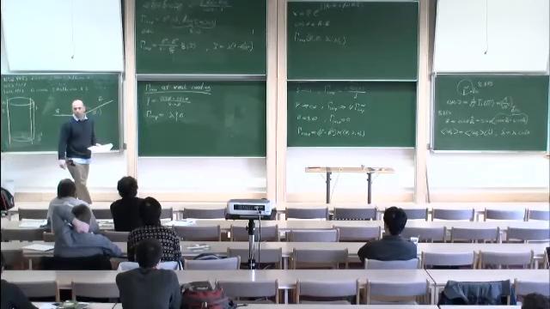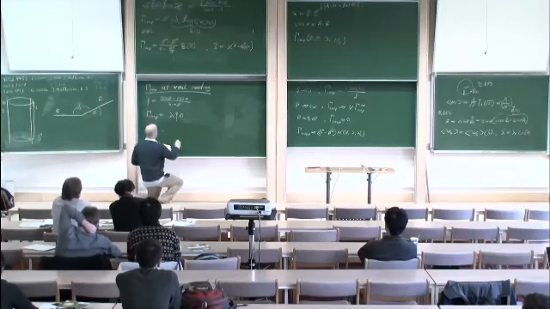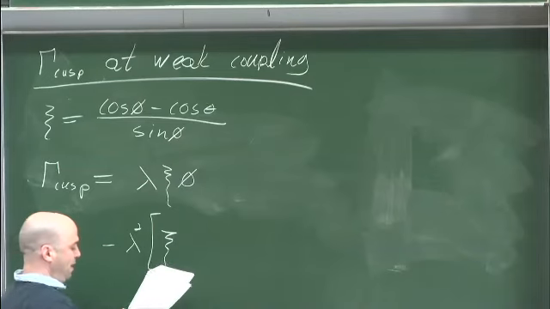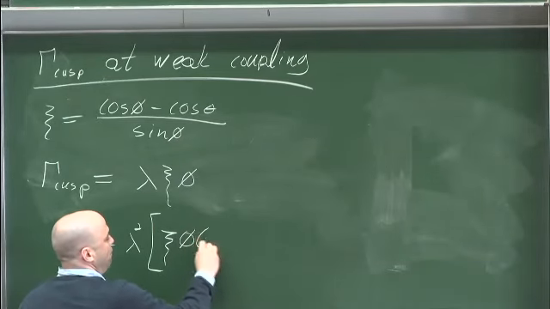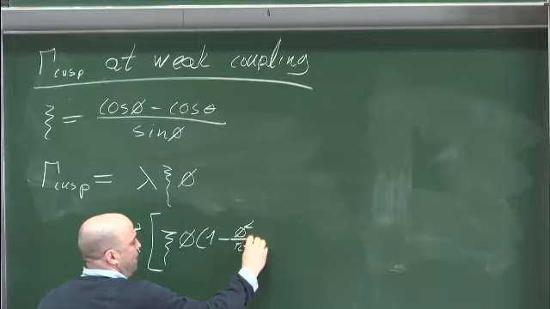What happens at two loops? If we now go to two loops, the two loop result was computed by Drukker and Forini. And now we have lambda squared and several terms. One term is the term linear in psi, and this is given by psi times phi times 1 minus phi squared over pi squared.